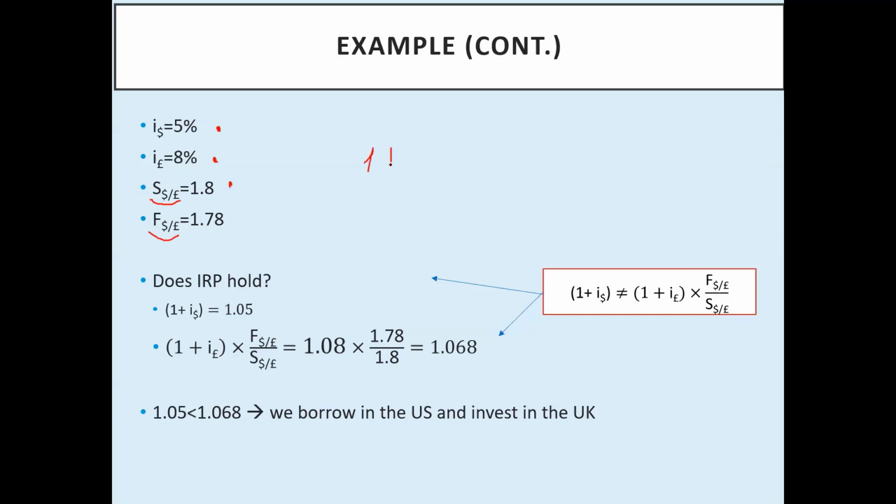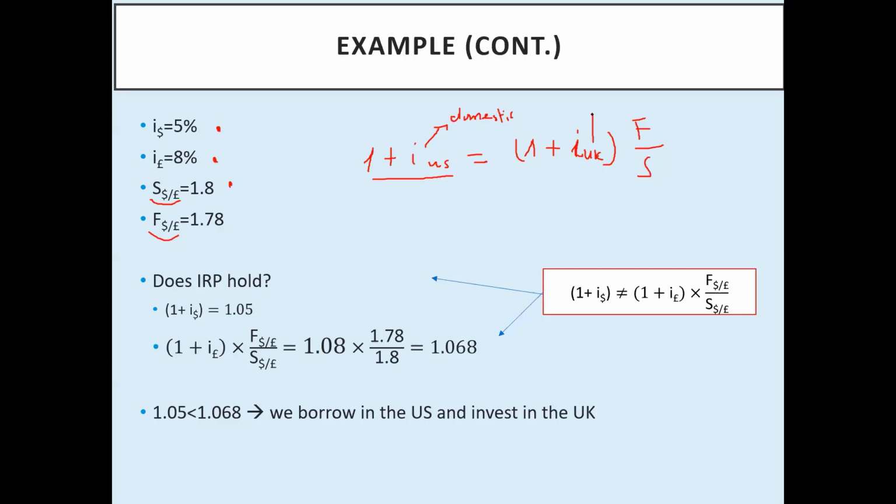So if I go back to my interest rate parity condition, this is my interest rate parity condition, okay? One point to note here is that on the left-hand side, I've got the interest rate for the domestic country, so this is the domestic interest rate.